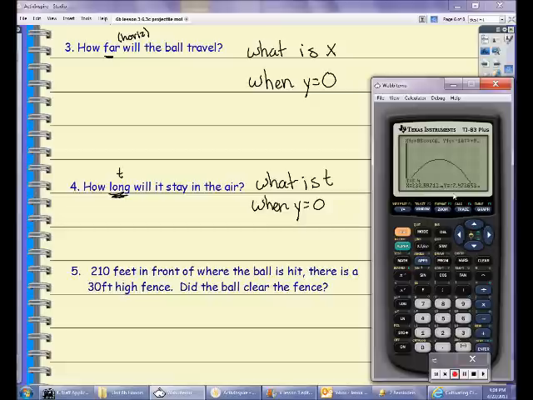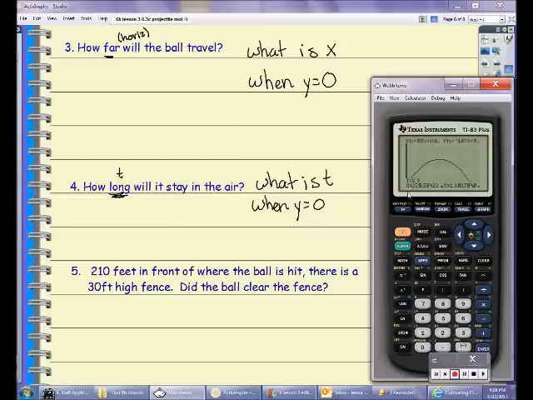Up, went negative, that's too far. So which one's closer, -7 or 1? That's definitely closer to 0. So I'm going to say at t equals 5.3, after 5.3 seconds, it has gone 228.5 feet and it's as close to 0 as the trace function is going to let us get.